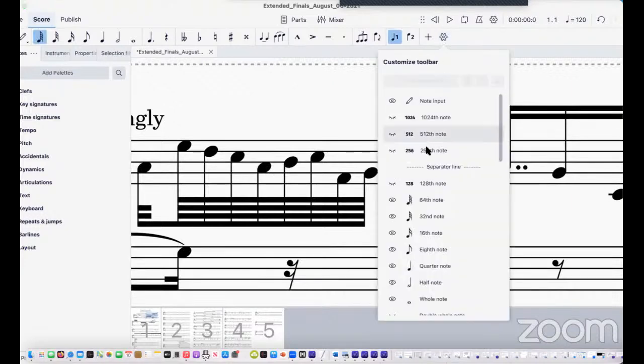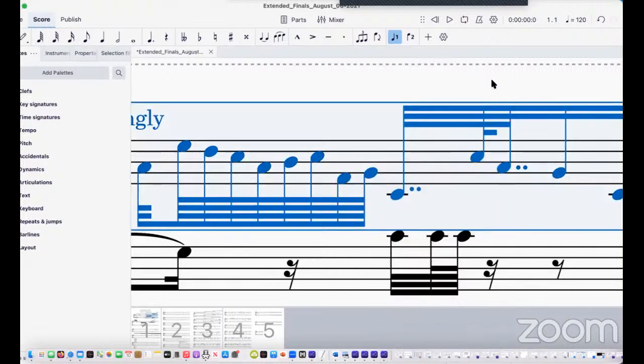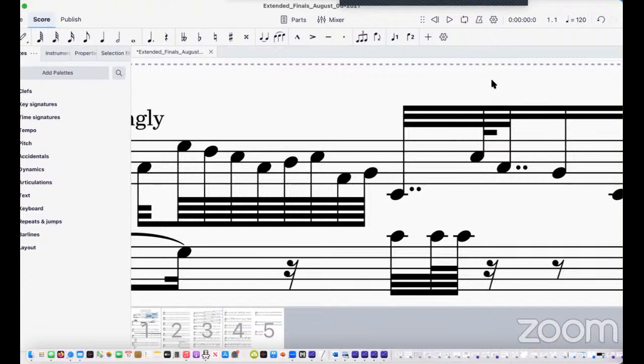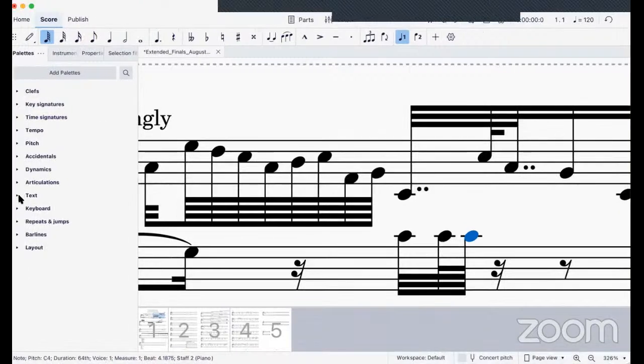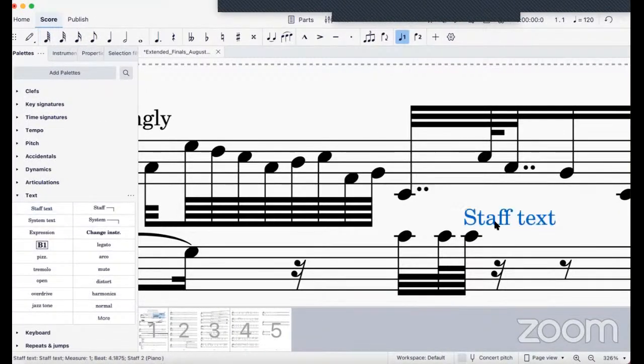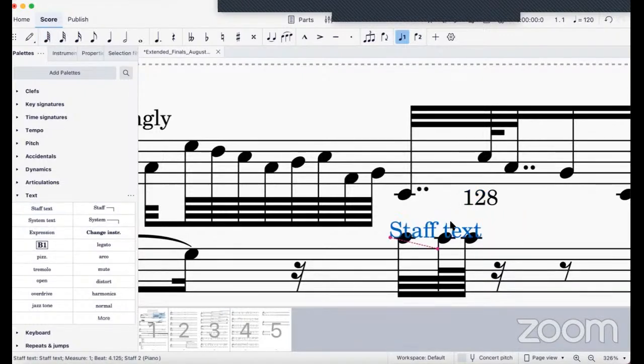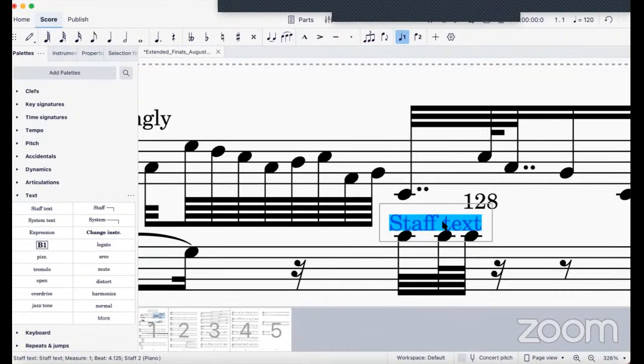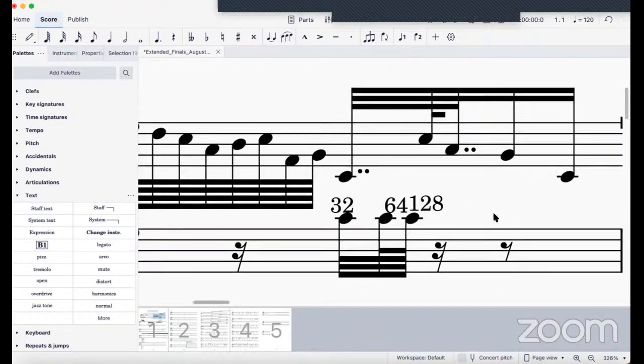Add here 128th. No, it did not add. So now I'm stuck because of the software, but this is 128th. Let me just write it here. The same here.